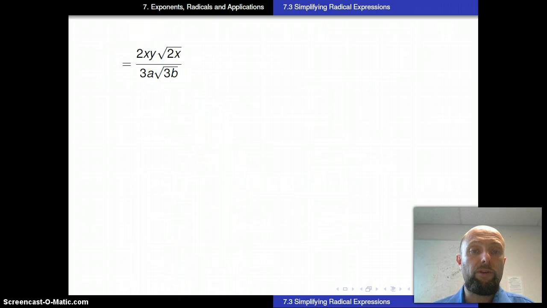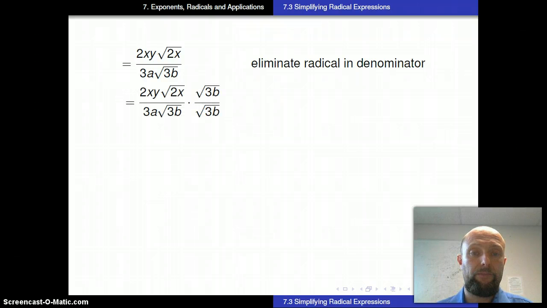We still have a radical left in the denominator, so we eliminate the radical in the denominator by multiplying numerator and denominator by radical 3b. Now we can combine the radical square root 2x and square root 3b using the product rule.